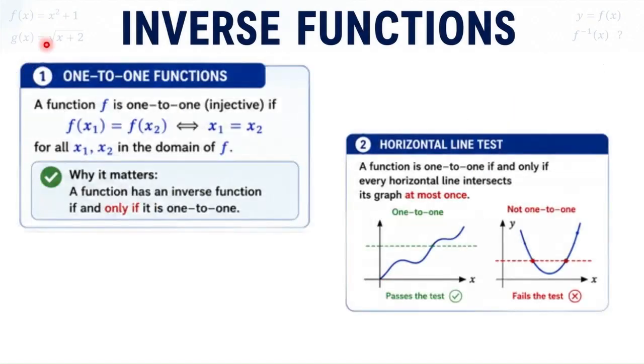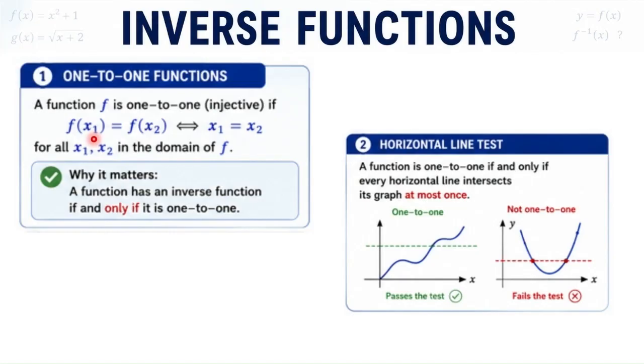An important question is whether every function has an inverse. The answer is no. A one-to-one function, also called an injective function, is a mapping where each element in the domain corresponds to a unique element in the codomain, and no two different inputs produce the same output.